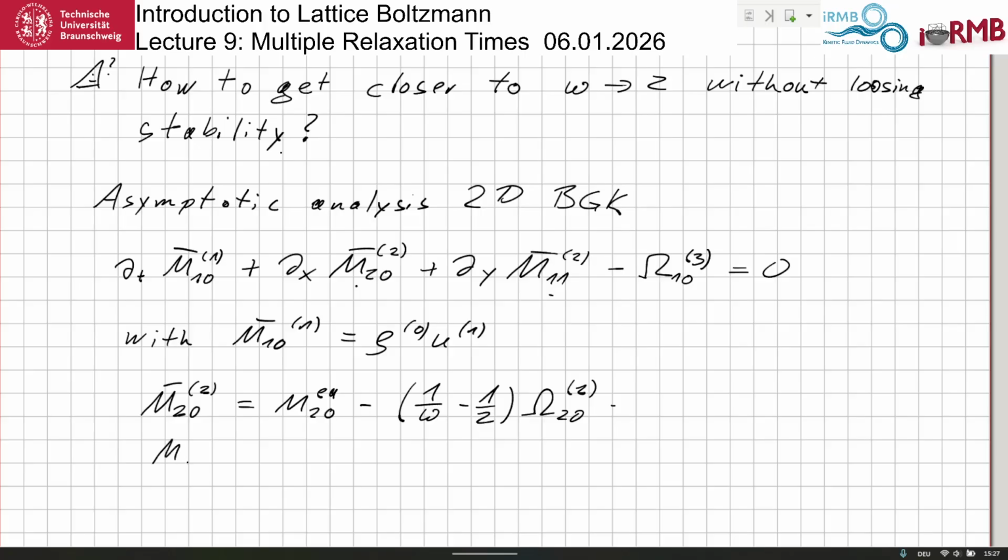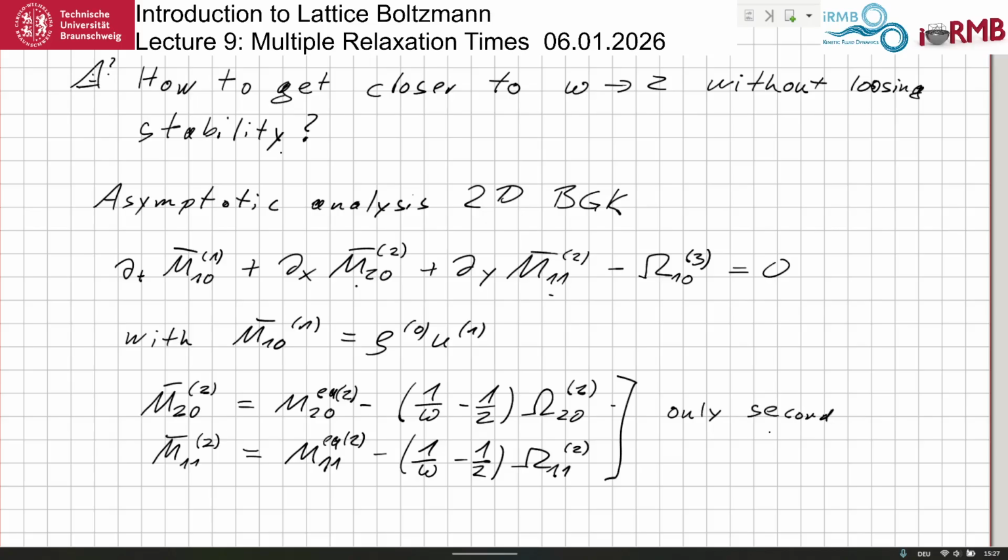And m11 to its second order, yes, m11 equilibrium again to second order minus 1 over omega minus 1/2 omega 11 to second order. So this is where this omega, I mean the small omega, this relaxation parameter, appears, yeah? So there are only second order moments where it appears.